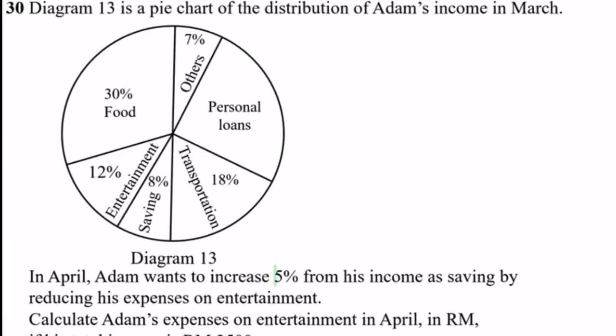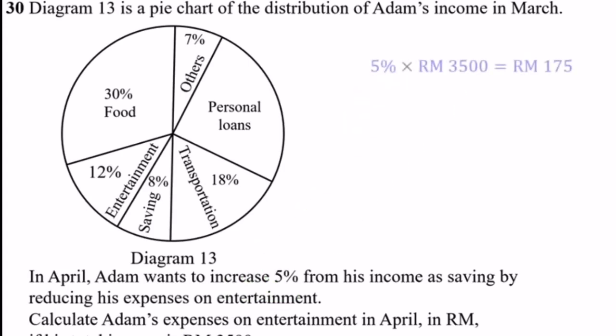We start with the 5%. The keyword is 5% of his income. So we take 5% and multiply it with the total income, and then we find the amount that is going to increase.